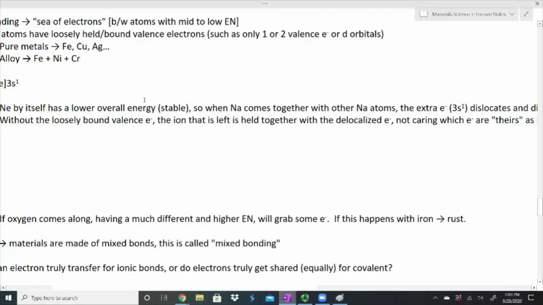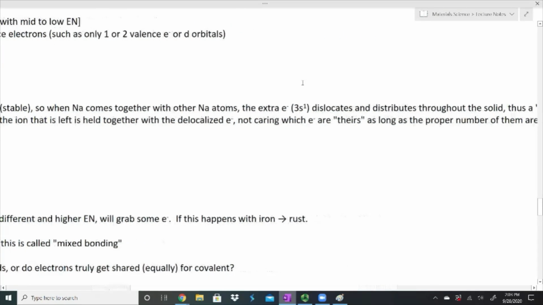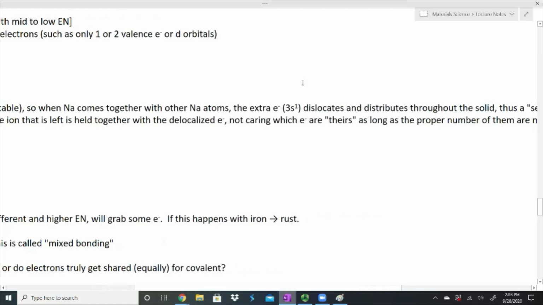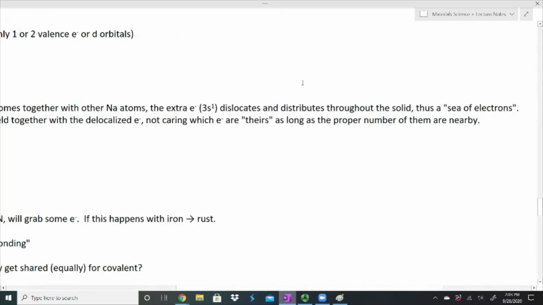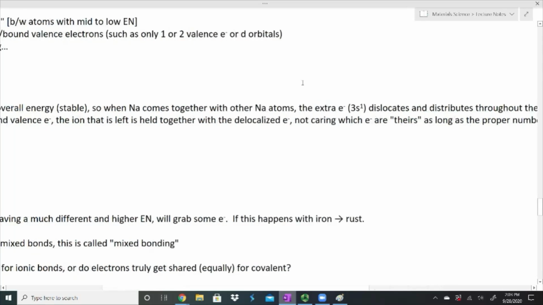Neon by itself has a lower overall energy. It's stable. So when sodium comes together with another sodium atom, or with other sodium atoms, the extra electron, the 3s1, delocalizes and distributes throughout the solid. Thus, it's a sea of electrons.